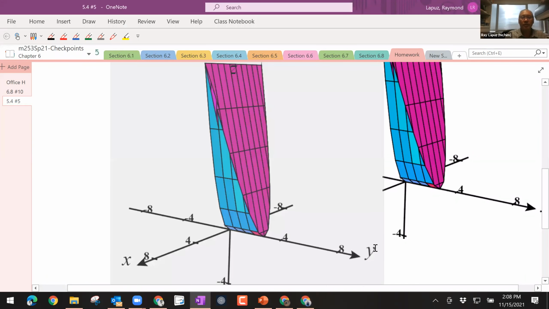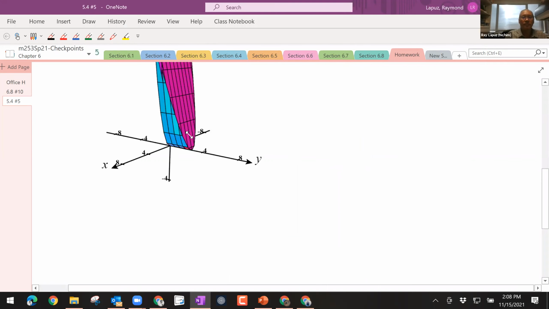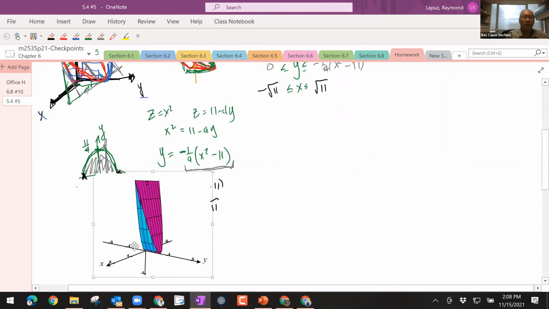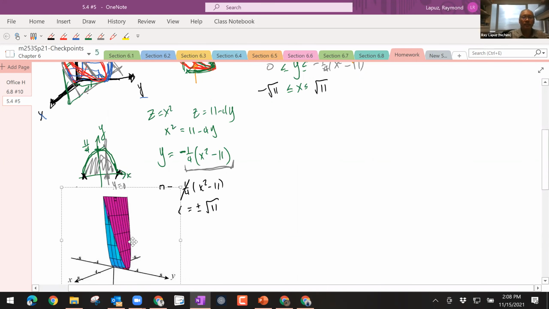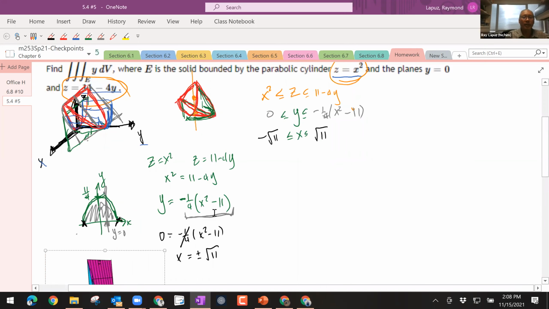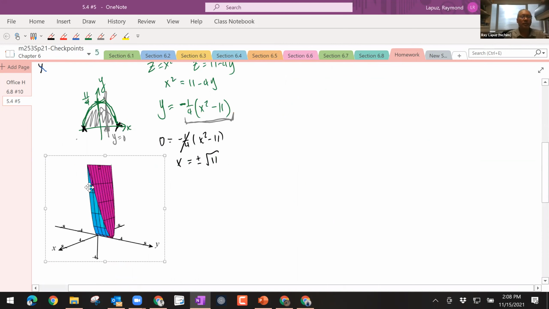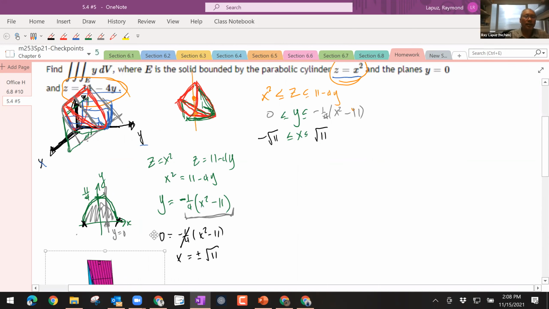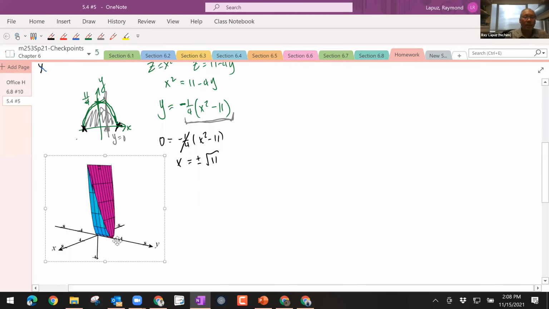So here's that picture. And if we compare it to the picture that we had earlier, we're fairly close. And it looks pretty much like that. Now the shadow that's happening on the XY plane, you can actually see it here.